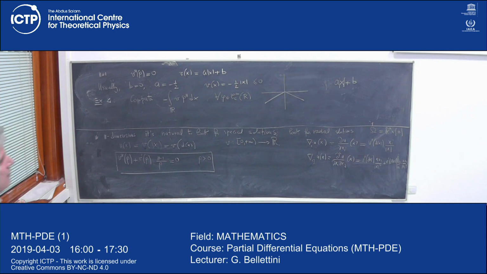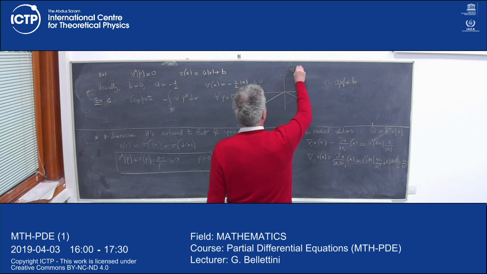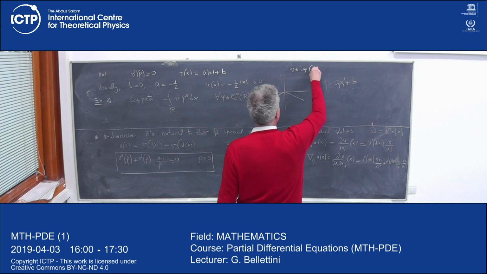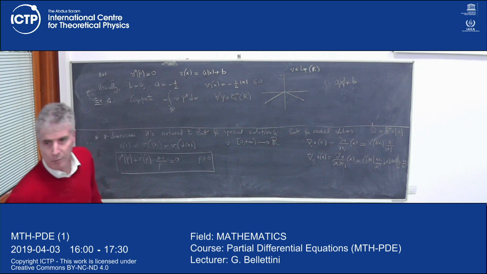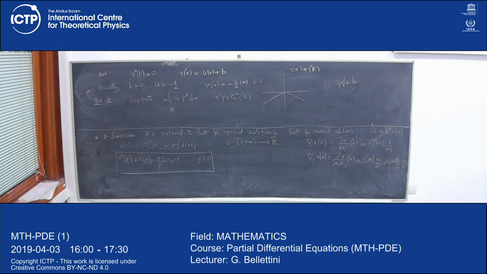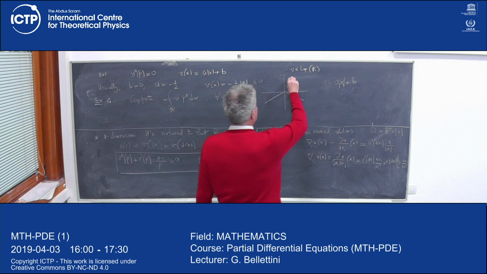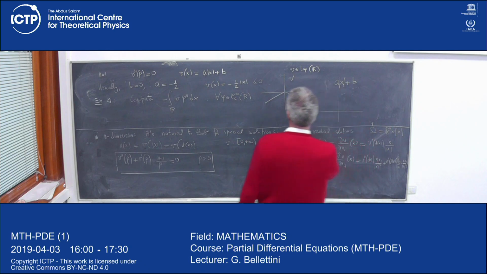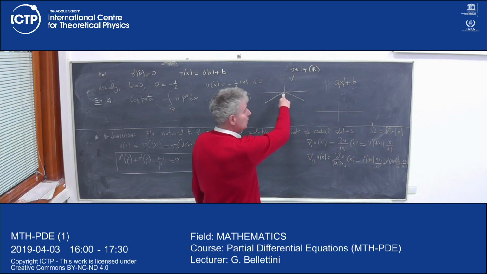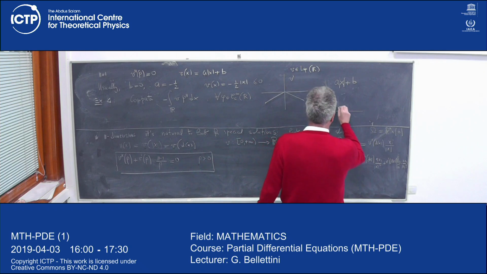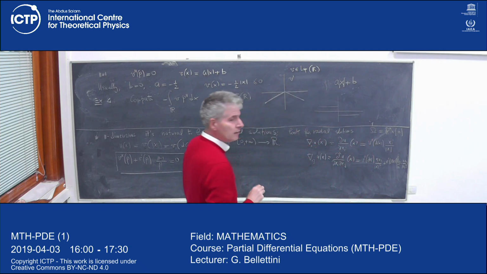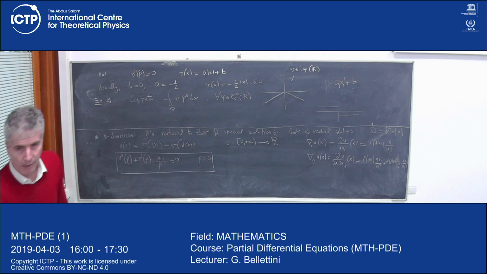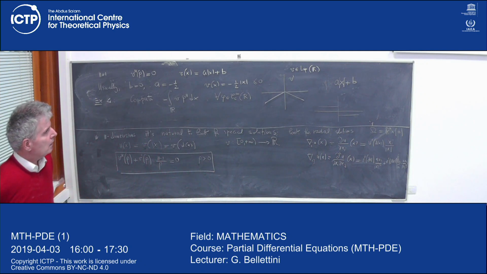Okay. So v is Lipschitz, obviously. So v prime is pointwise defined up to the origin. So which is the shape of v prime? Here I am increasing, here I am decreasing, some sort of like this, no? Minus 1/2, 1/2 and minus 1/2.